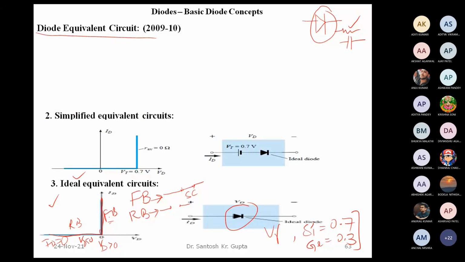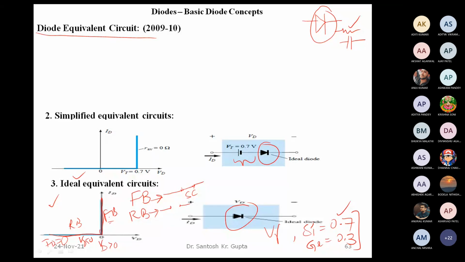Under the simplified equivalent circuit, we do take the effect of this barrier potential. We include it in the model. So this is the ideal diode, and along with this we also add the effect of this potential barrier. Then this is a more practical equivalent circuit, and is mostly used.